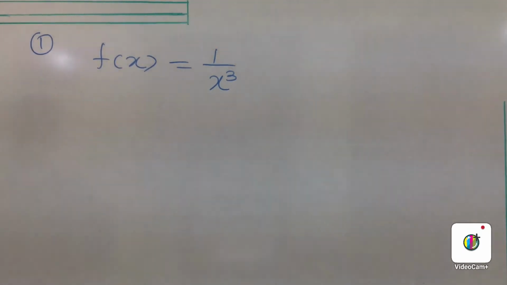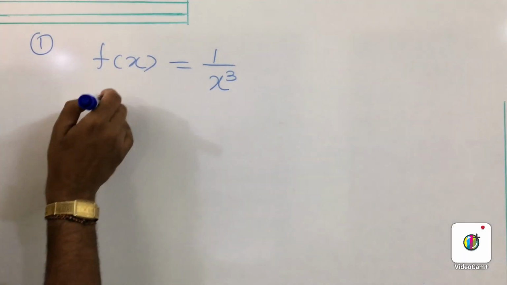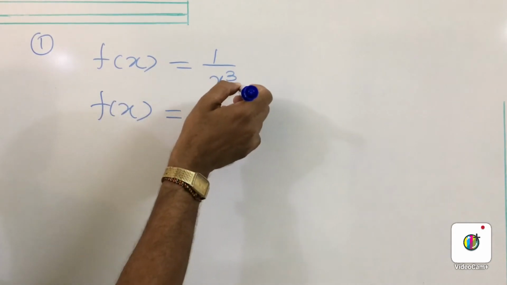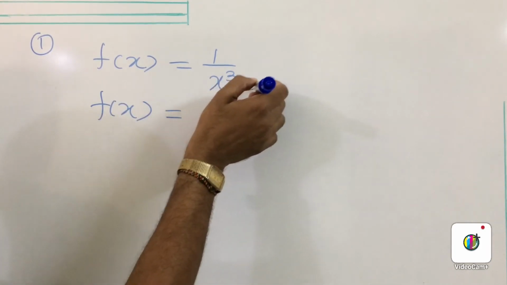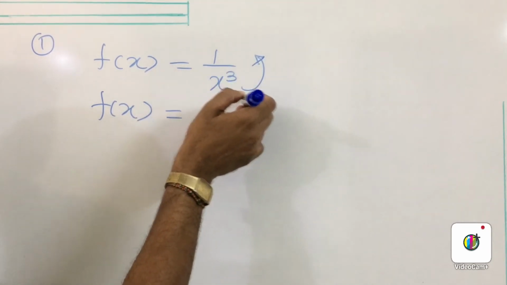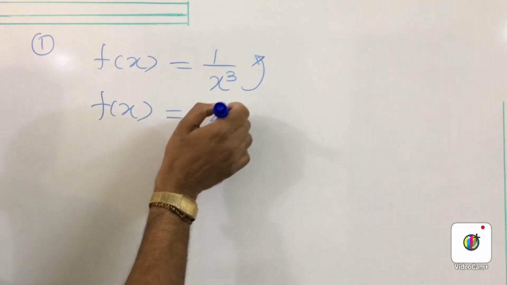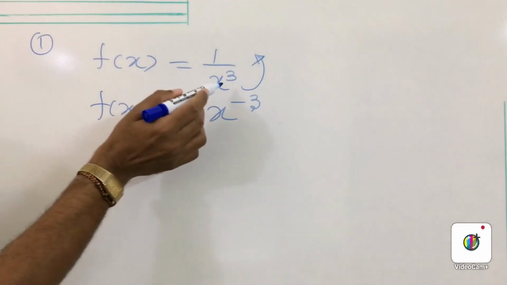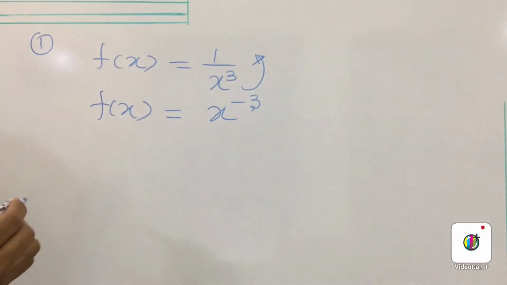This question you should change into a differentiable form. Take the denominator to the numerator, and when you do, you write x to the power minus 3, a negative power. A positive power changes to a negative power.